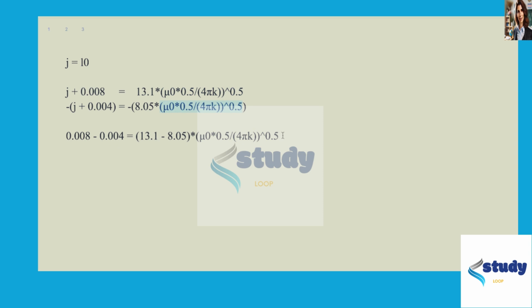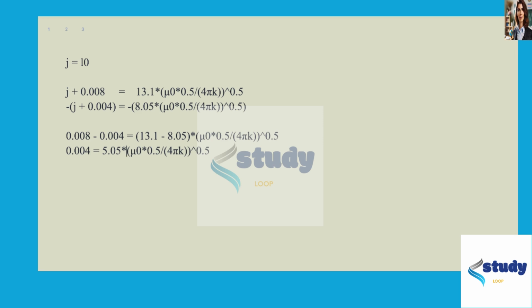So we can simplify this out a little bit. We're going to have 0.004 here. The left side is going to be pretty much the same, but we have the 13.1 minus 8.05 over here. So we'll have a factor of 5.05 out front.